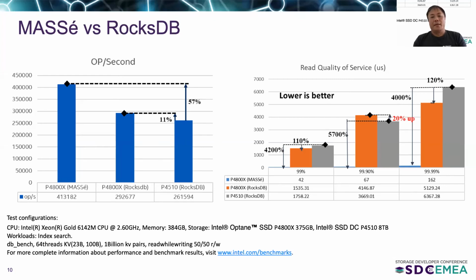Once we replace RocksDB with MASSé on the same P4800X drive, you can see 60% operations per second improvement. And the best part is the read QoS, where we achieve at least 40 times improvement in tail latency, from 2.9 to 4.9. This is a huge improvement.